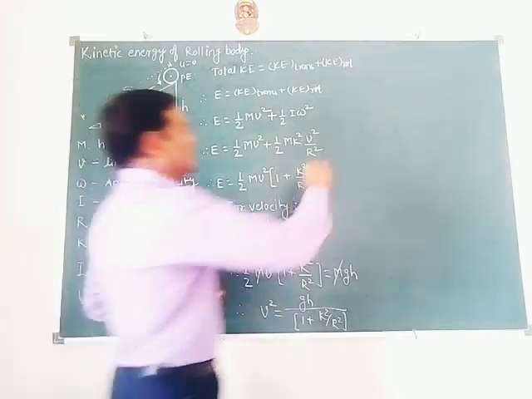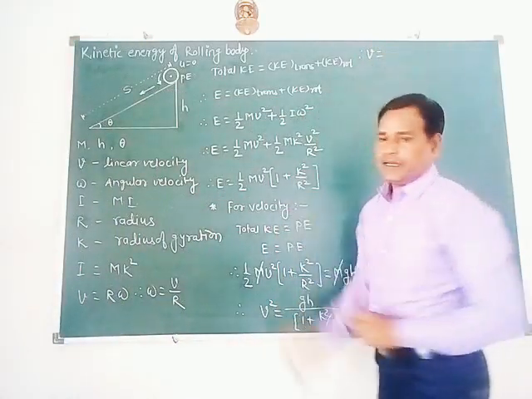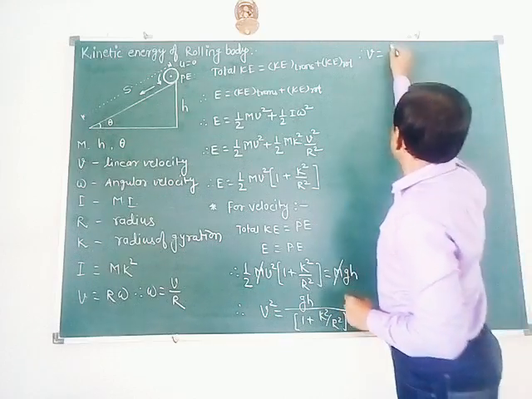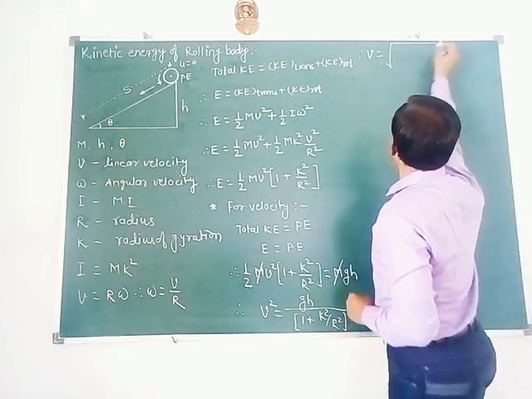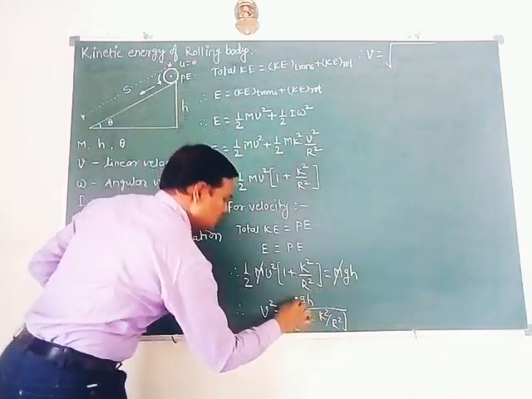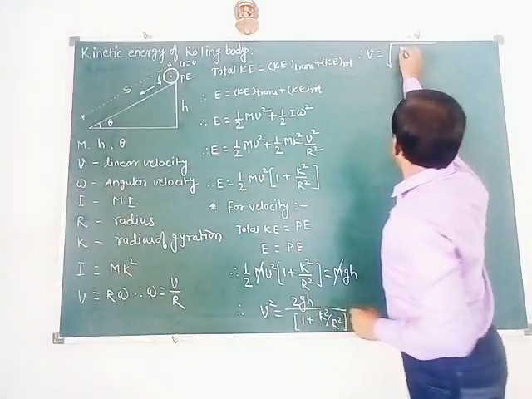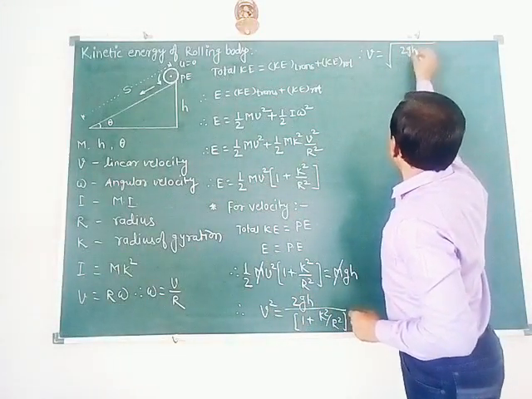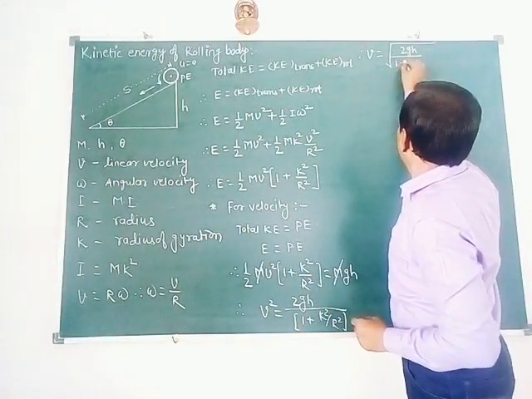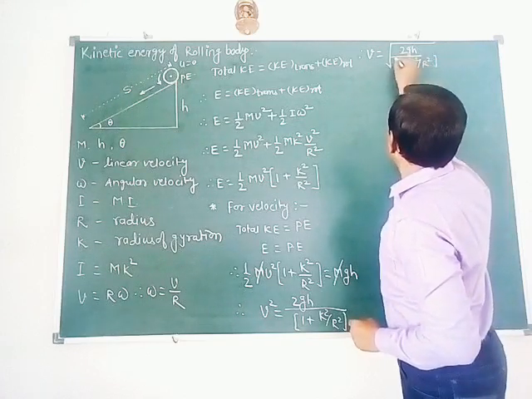So finally, this velocity can be written as the square root of 2 into G into H divided by 1 plus K square by R square.